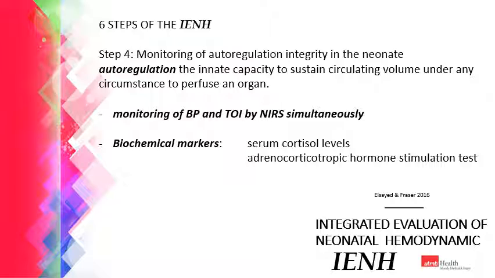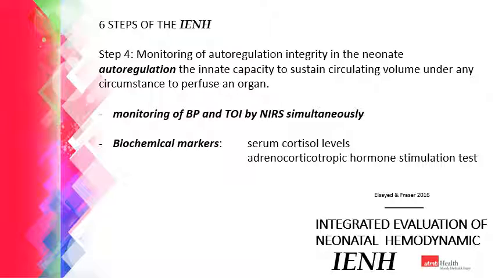For example, in a neonate with septic shock, the NIRS may show that the brain oxygenation is compromised when the mean blood pressure drops below 35, whereas above 35, the delivery of oxygen to the brain is maintained. Thus, this directs the clinician to use inotropes to maintain blood pressures of greater than 35 millimeters of mercury.